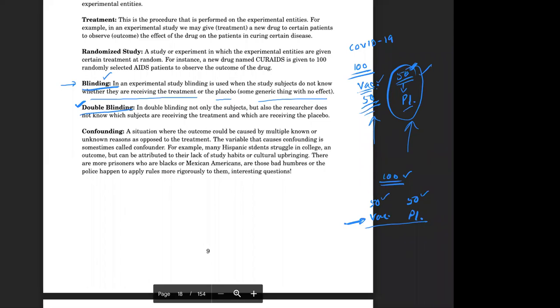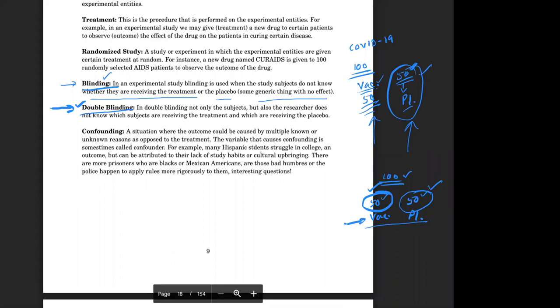If the person knows that these 50 people received the medication and these 50 people did not, then the person collecting the data might be biased to think that, oh, they received the medication, so they might be improving their condition, whereas the others did not, so they may not improve. So to avoid the experimenter's bias, we use something called double blinding.